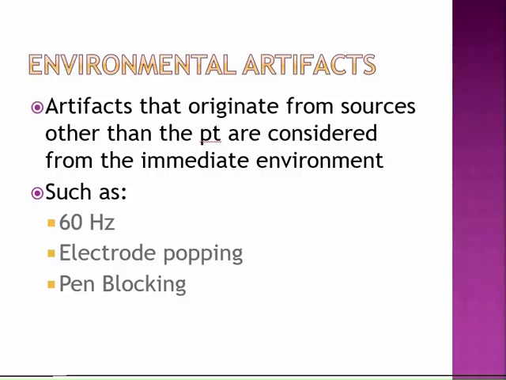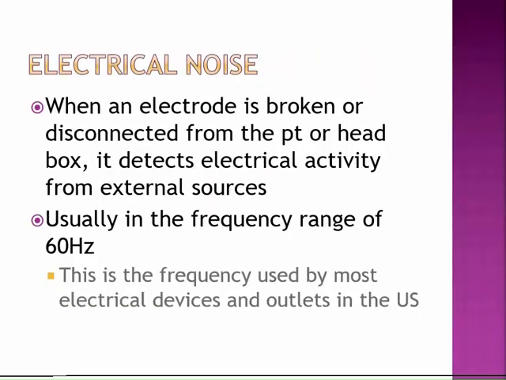And there's a few other versions of these artifacts that you might see, of electrode popping or blocking. So electrical noise is when you might have an electrode that's broken or disconnected, and it starts to pick up the electrical activity from other sources other than what we want to see. And so it'll come through in the frequency range of 60 hertz.